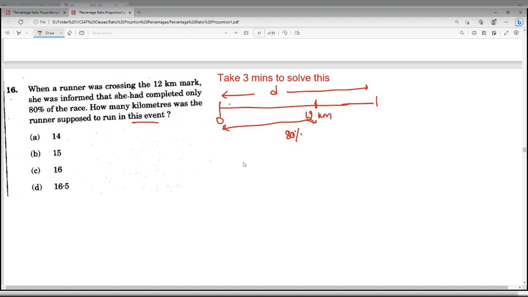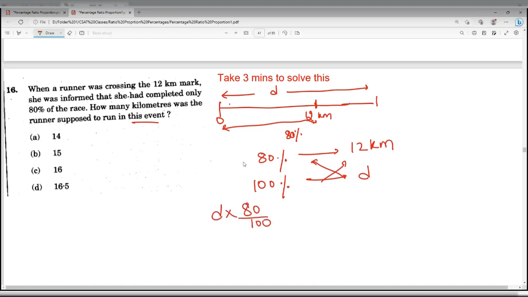Just by cross multiplication, you can say that 80% would amount to 12 kilometers, and 100% would amount to D. So we cross multiply: D into 80%, that is 80 by 100, is equal to 12 into 100%, that is 100 by 100.